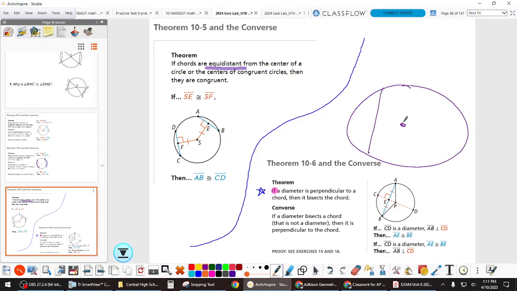Here's some chord, and we're being perpendicular to that. Wouldn't you agree that these are both radiuses, which makes that triangle isosceles? And then the altitude bisects the chord. So if we think back to triangle stuff, it makes sense. Probably more so than circle stuff. That's all that one's saying.